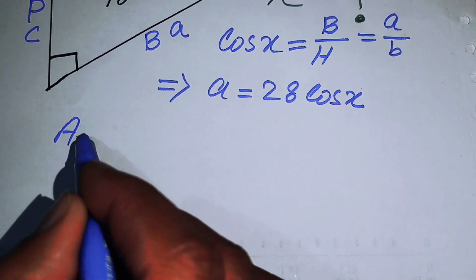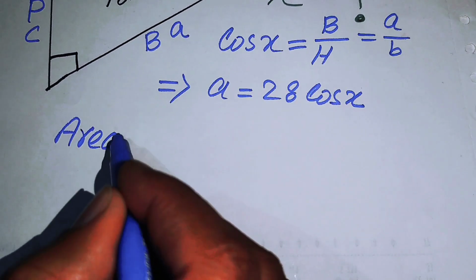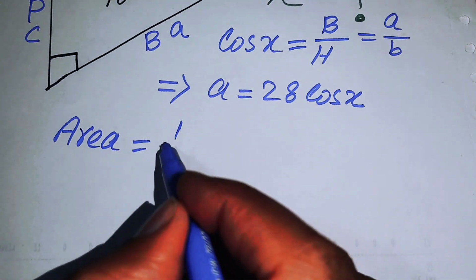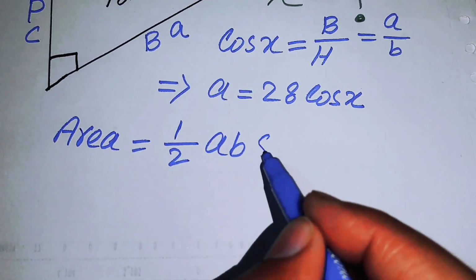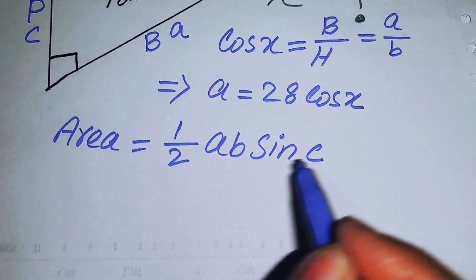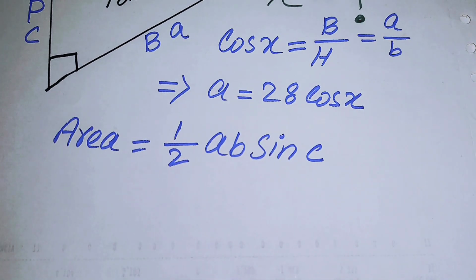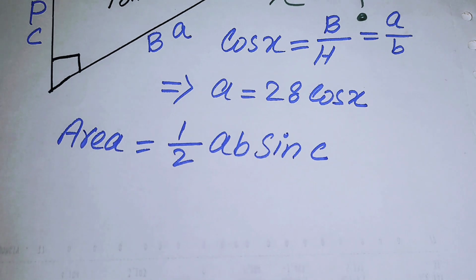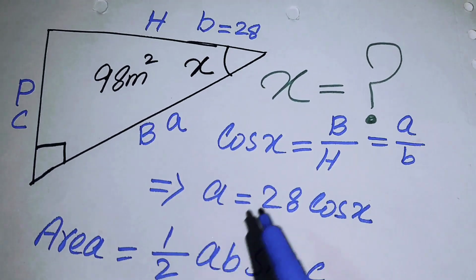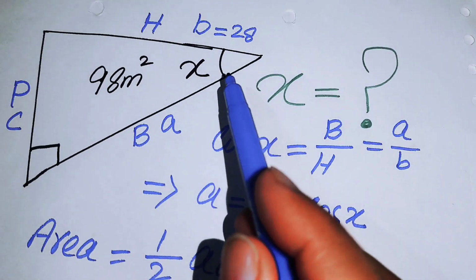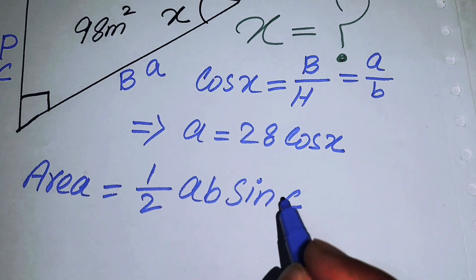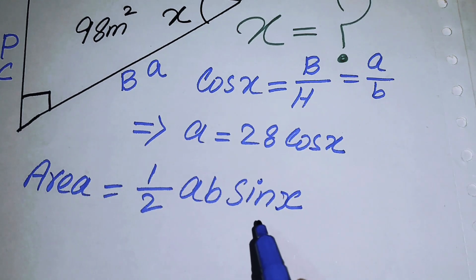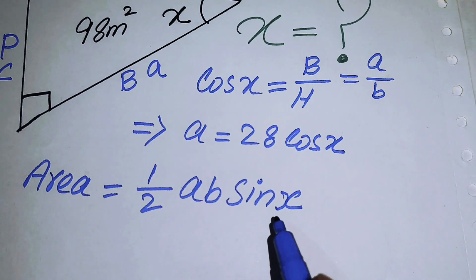Here we have area equals half of AB times sine of the angle C. This is the very famous formula for the area of a triangle. Here our angle is x, so you just write AB times sine x.